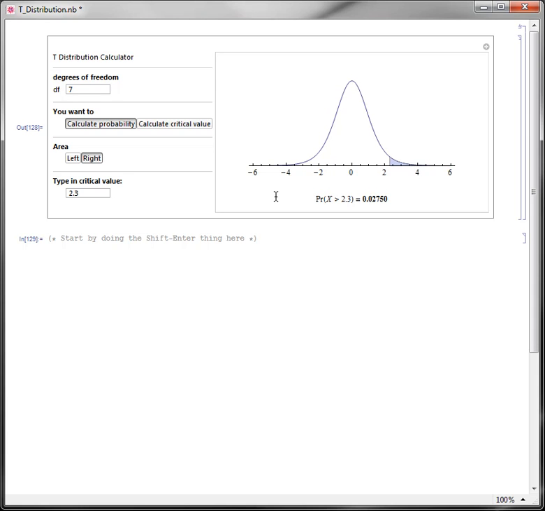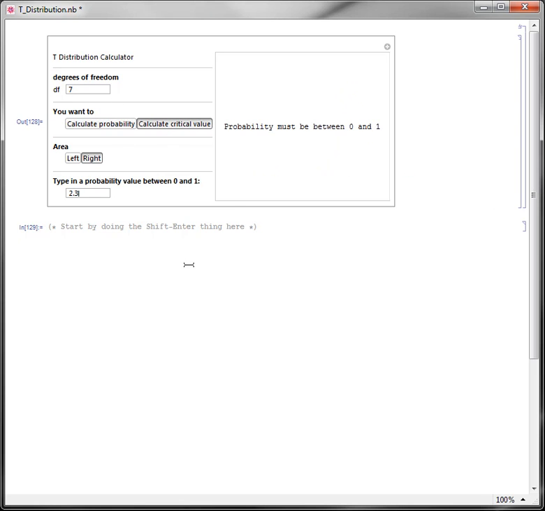We can also ask the inverse question about critical values or thresholds. What is the threshold, for example, such that 30% of the probability underneath the student t density is below it, let's say? So change to critical value. It wants a probability between 0 and 1.